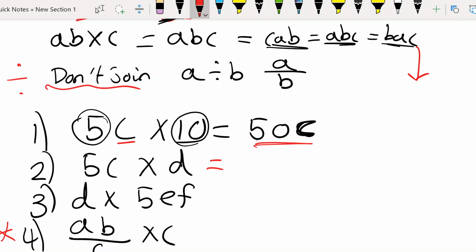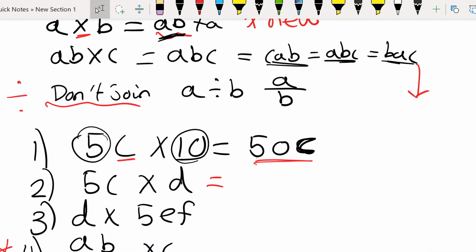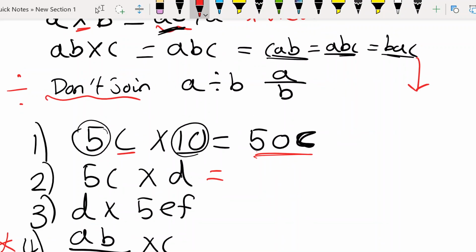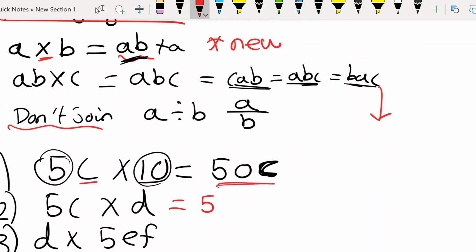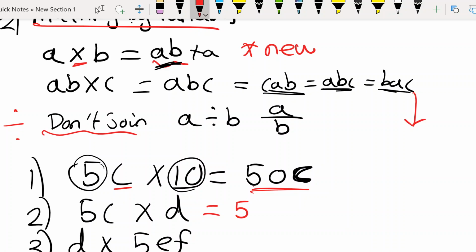So I do my 5C times D. I'm going to take my 5 first to keep it nice and clear to show how much of these there are. Now I'm going to join these C's and D's up. You do it the same as before, so C and D join up, and the 5 slots in front.